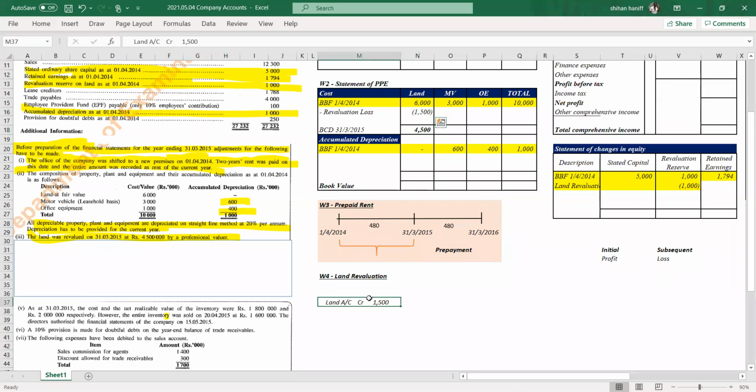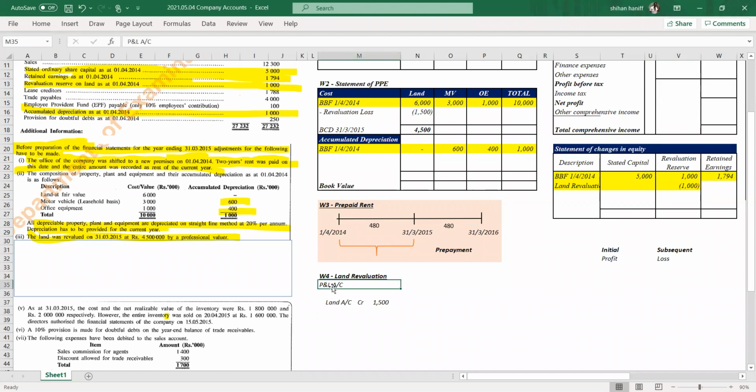Therefore, land account we have to credit 1,500. Right? So normally, if it is the first initial revaluation, this entire 1,500 should be taken to income statement, profit and loss account, as other expense. Normally, if there is a revaluation loss, the double entry will be land account credit, profit and loss account debit. That's a normal double entry. But here, already there is a profit 1,000.